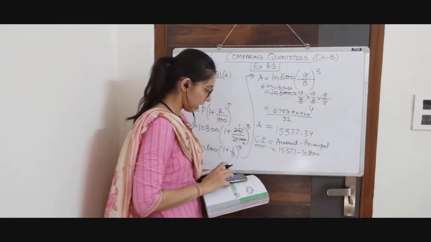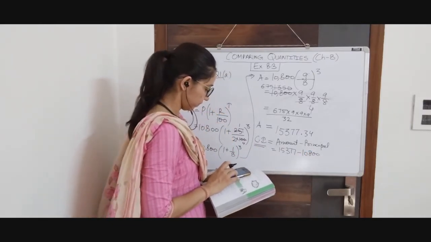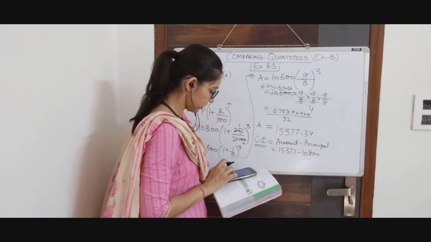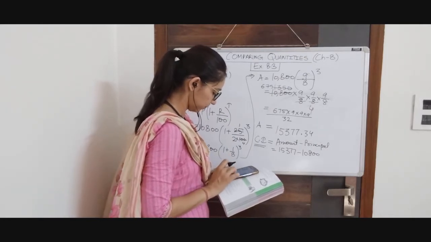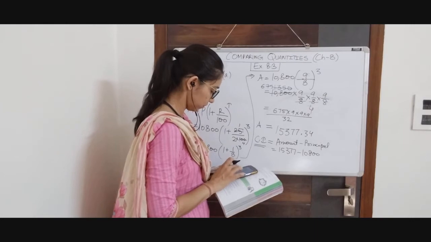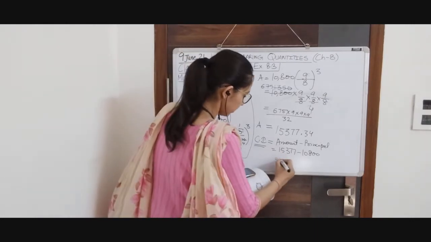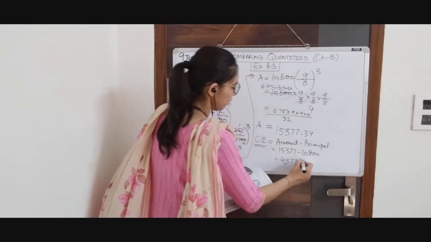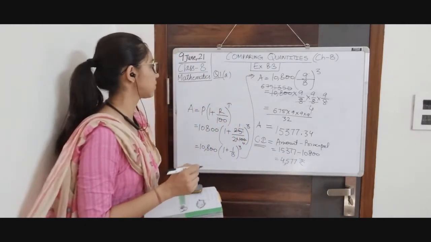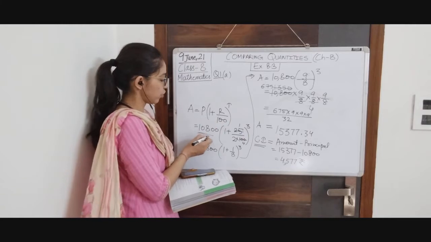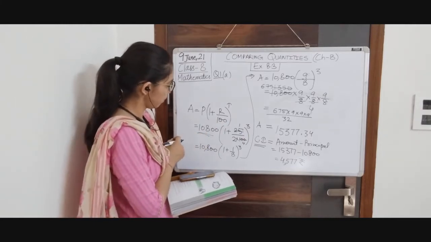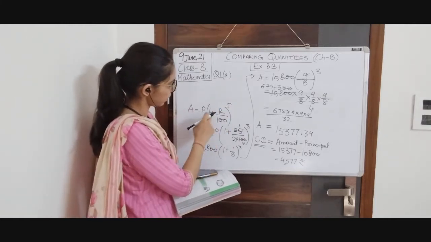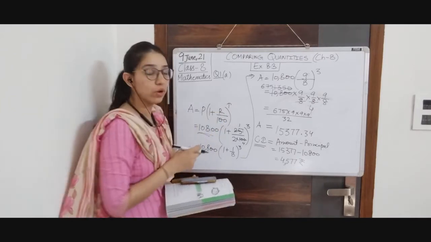It means you are left with how much interest? 4,577 rupees. You got this much interest on this much principal if you compound it annually for 3 years.